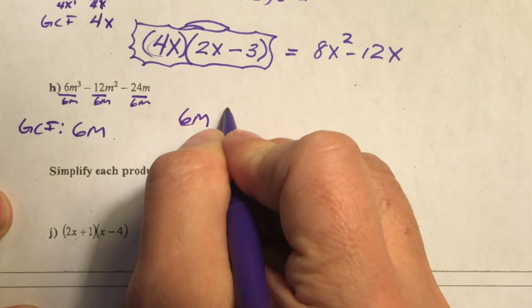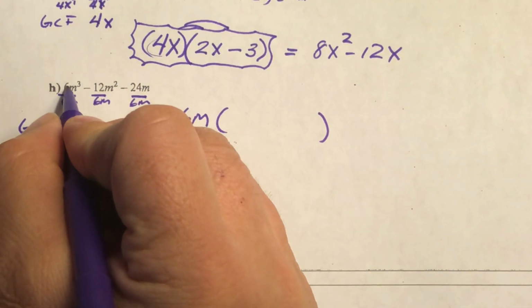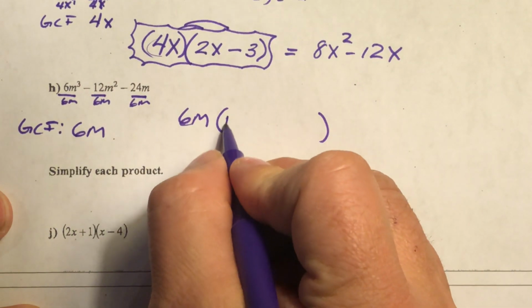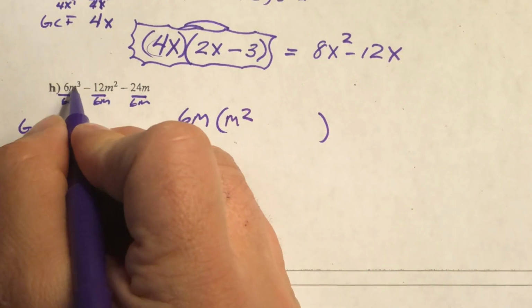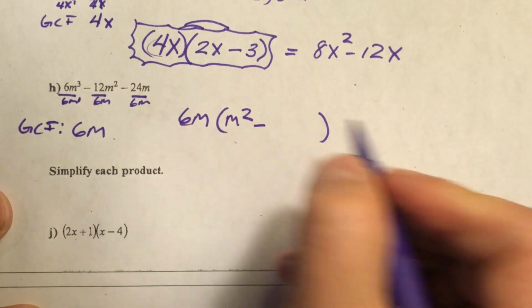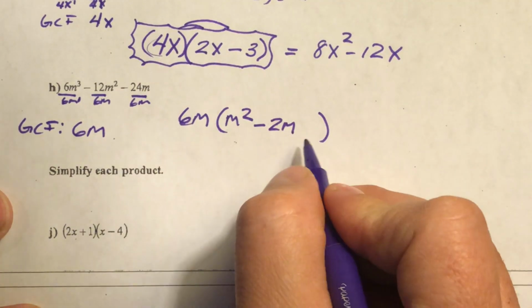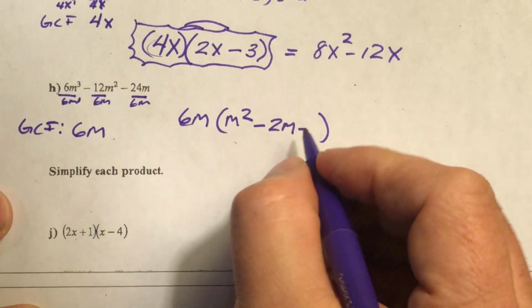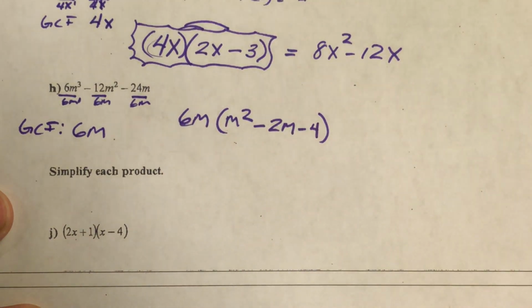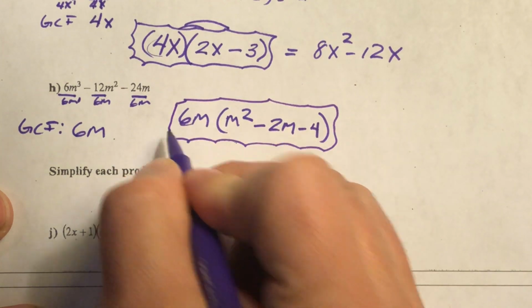So 6m, and what's left over? 6 divided by 6 is just 1. This is going to be m squared. Remember, when you divide powers, you subtract their exponents. Minus 2m, and then minus 24 divided by 6 is 4. And those are my factors.